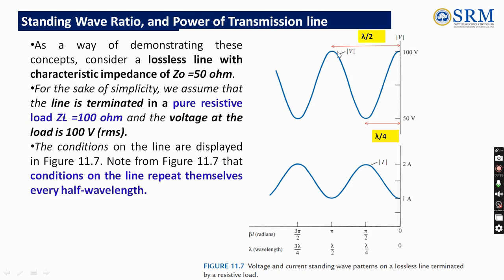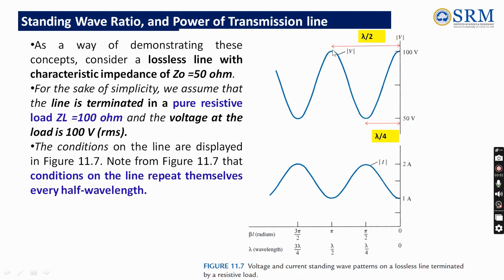Now we are going to see how the voltage maxima and minima occur by taking a lossless line with a characteristic impedance of 50 ohm, terminated by a purely resistive load ZL equal to 100 ohm. In that case, the voltage measured at the load will be 100 volt. This 100 volt will repeat after lambda by 2, where I get another voltage max.